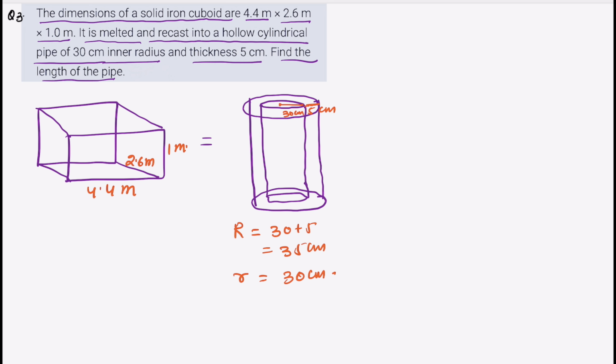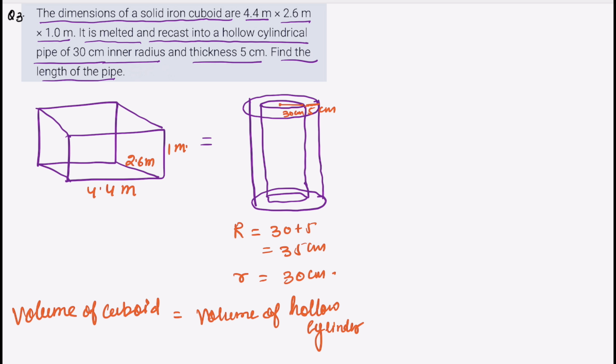Okay, now the volume of cuboid should be equal to the volume of the hollow cylinder. So from here, the volume of cuboid will be LBH, equal to the volume of the hollow cylinder. The volume of the hollow cylinder will be equal to pi, capital R square minus small r square, into H.